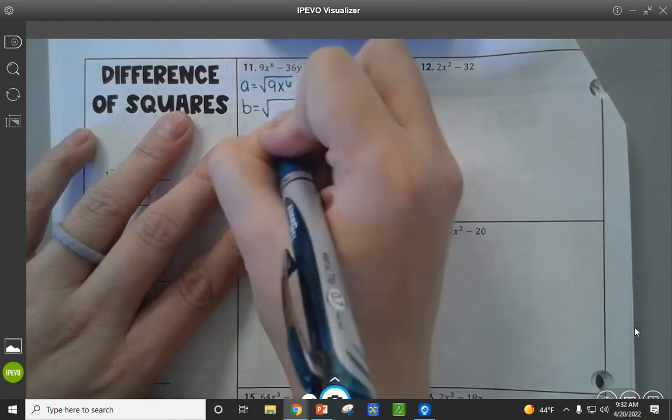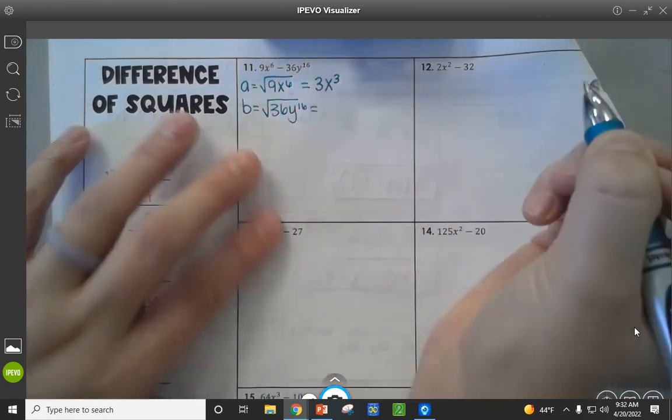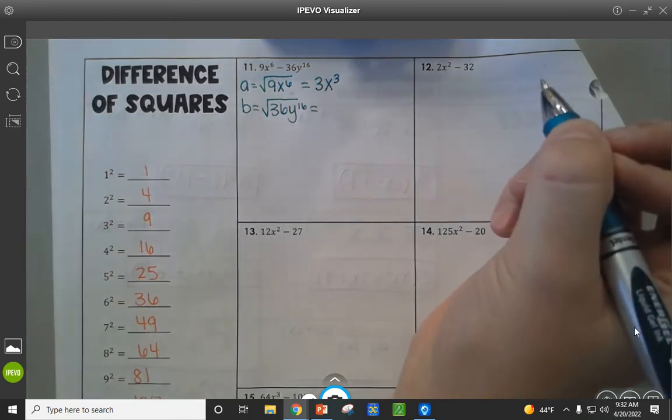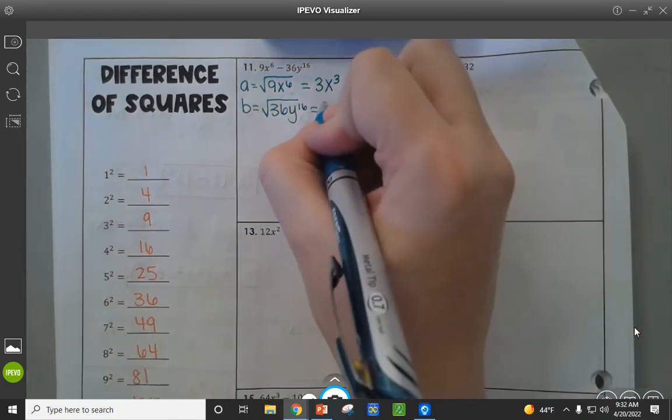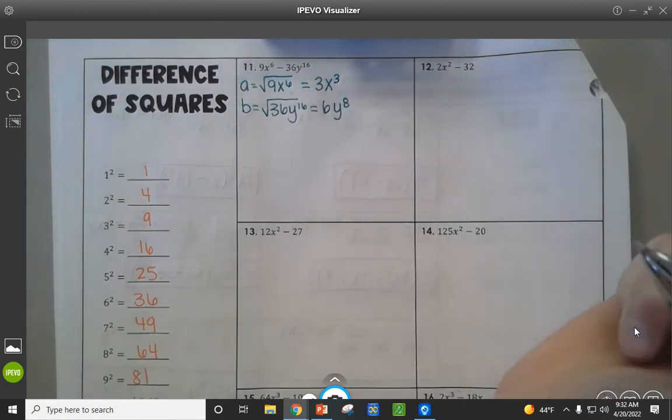B is the square root of 36, y to the 16th. What is this? 6, y to the 8th. Perfect.